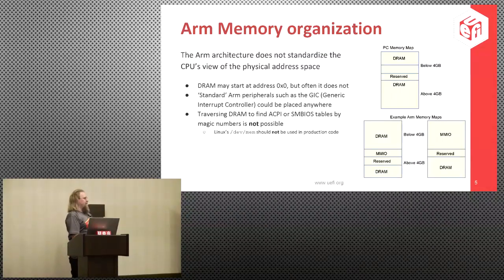In the second ARM example, well, that's probably going to kill you. But in general, in Linux, devmem should not be enabled in a production system for ARM. There's also no need for it.